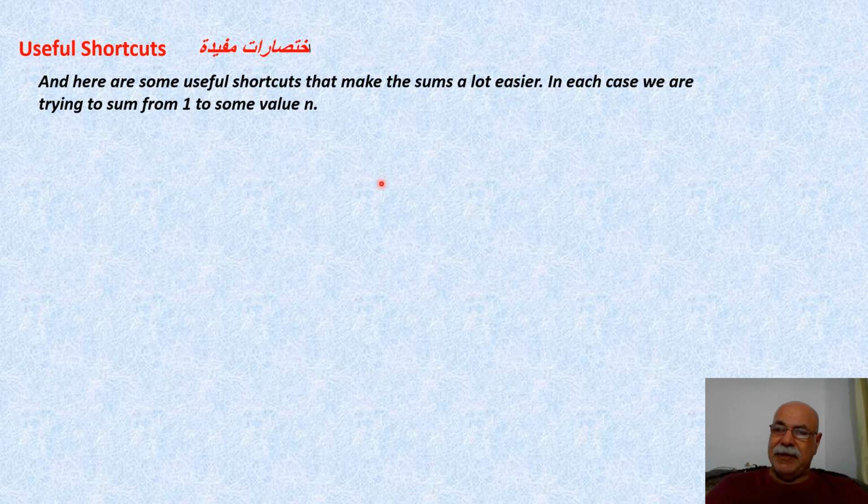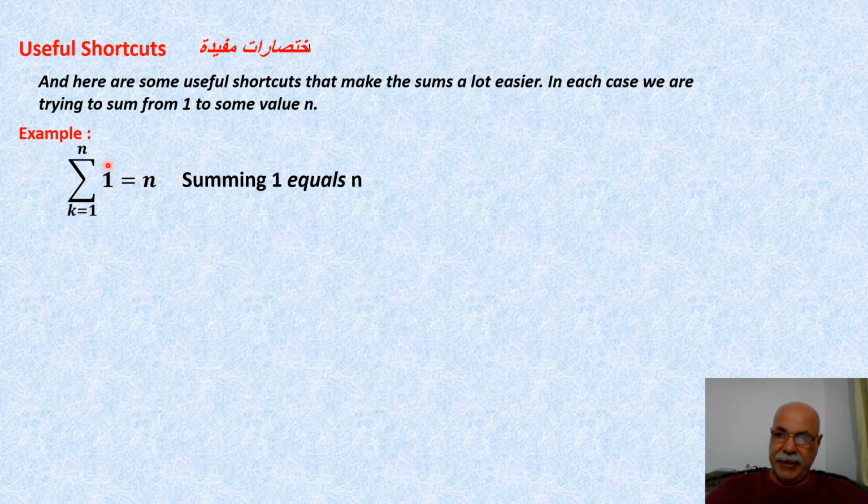Now we have useful shortcuts, and this is very important, the key to solve any question. You see the example, this one, first rule: sum of k equals 1 to n of 1 equals n, meaning summing 1, n times.